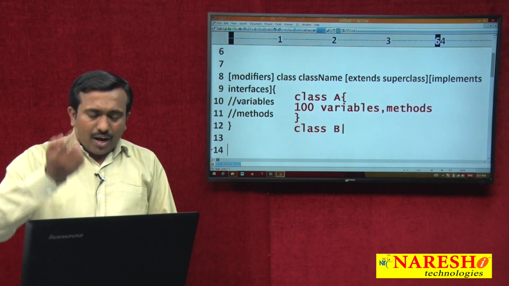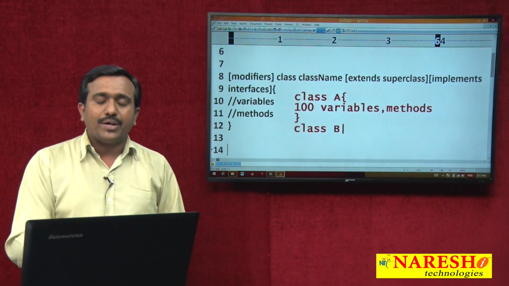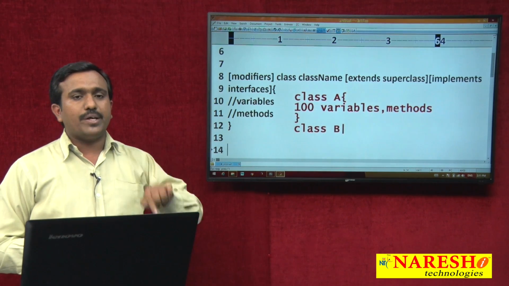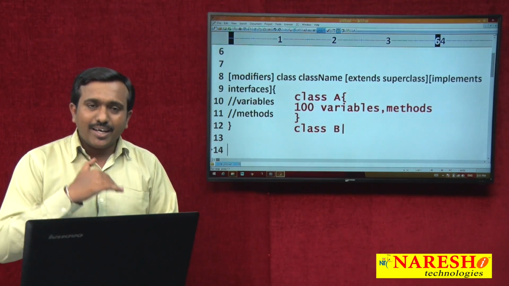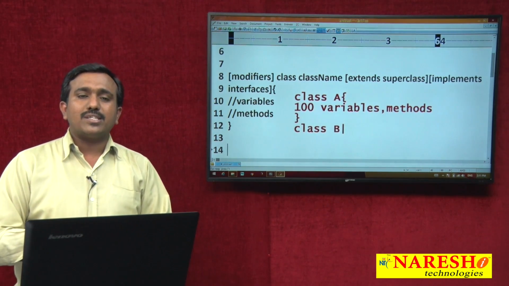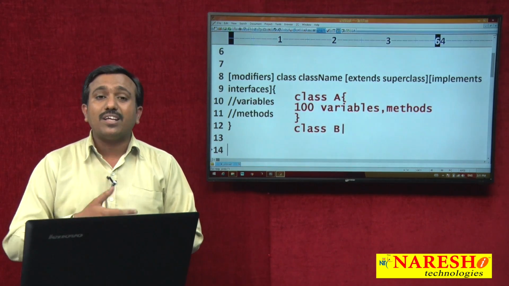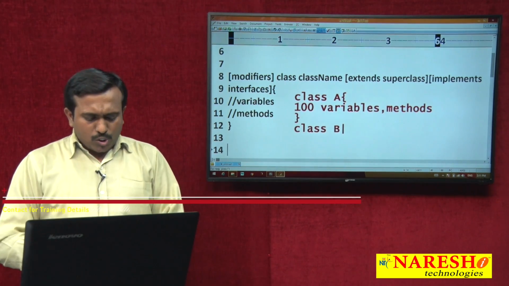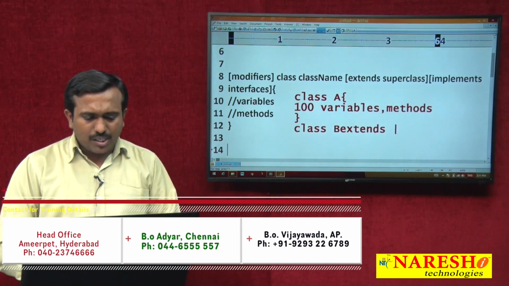The same 100 variables and 100 methods I require inside class B. But writing the 100 variables and 100 methods again in class B increases the burden. So simply we can use the extends keyword.